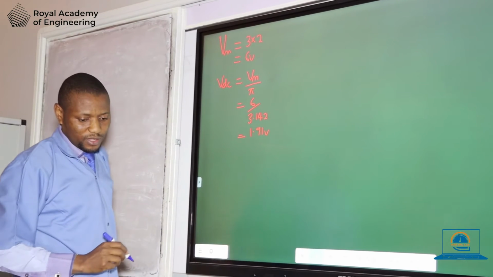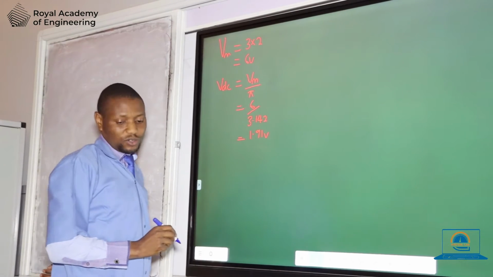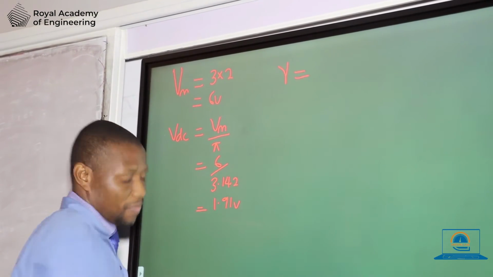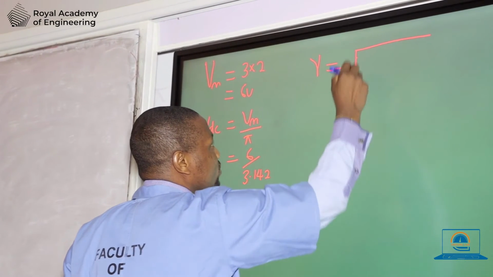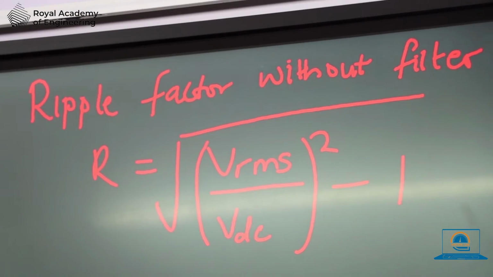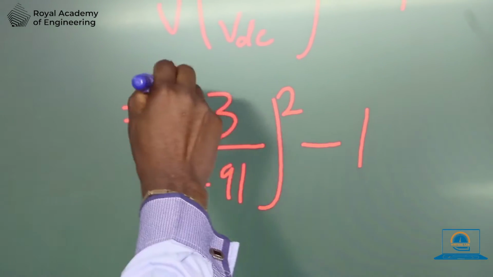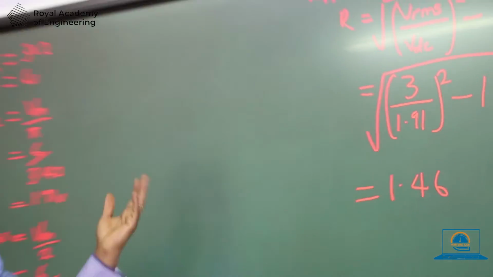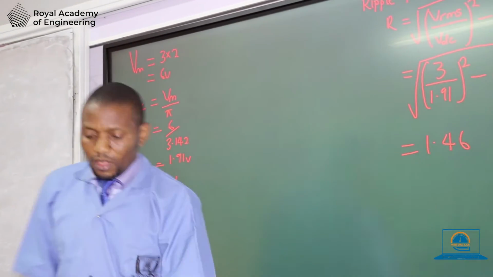The formula to calculate the ripple factor is the square root of the ratio of VRMS squared over VDC squared minus 1. Here we have 1.46 as our ripple factor.